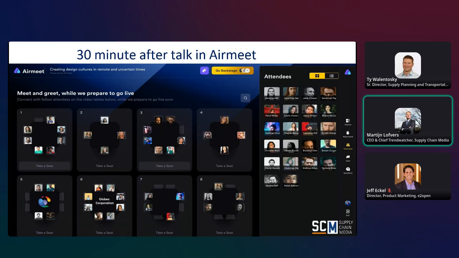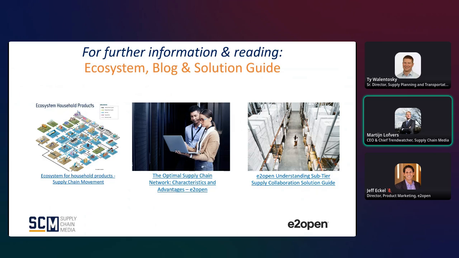Within a minute, we will be sitting at table 1, and you can have a direct conversation with Ty, Jeff, and me. There's also more information. You can download our ecosystem as an example, and there are more cases and information about end-to-end orchestration by e2open. So I would like to wrap up.